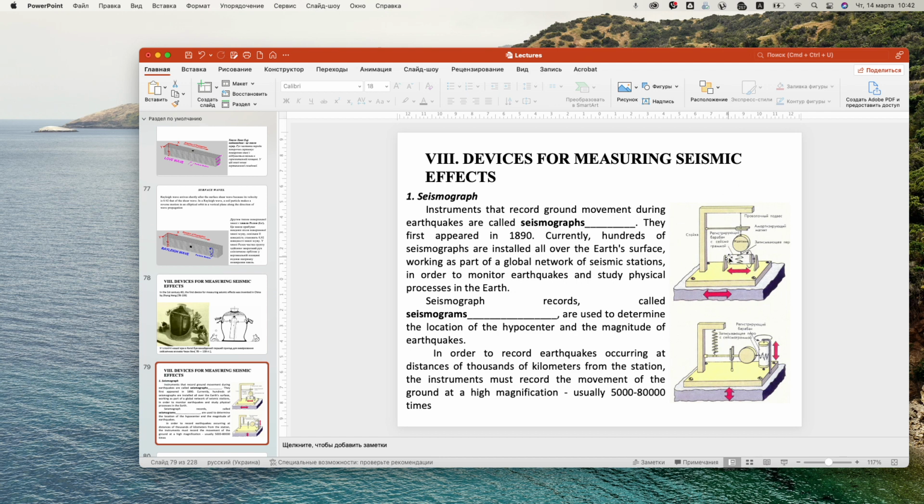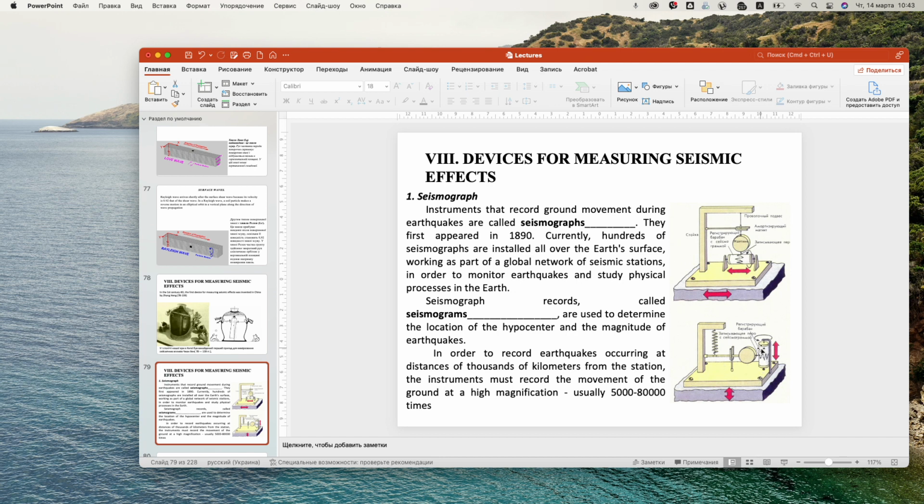But the rest of this element moves in this direction, so we can find this seismogram. It is the record of the seismograph on this sheet of paper, and later we will be able to analyze that record in this direction.